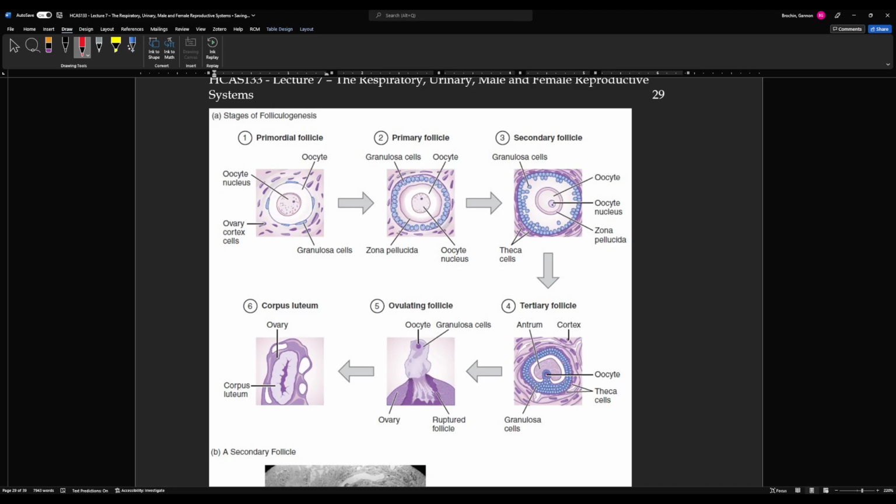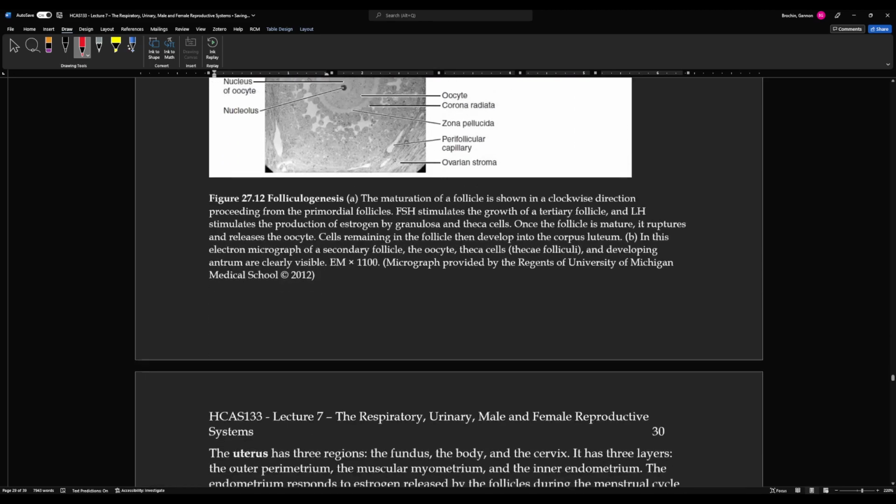But the idea is that the eggs will mature. They develop this special nucleus, and then they will get released out of the ovary, down the fallopian tube, and then eventually into or close to the uterus. And if they are fertilized, they will implant onto the uterine wall.